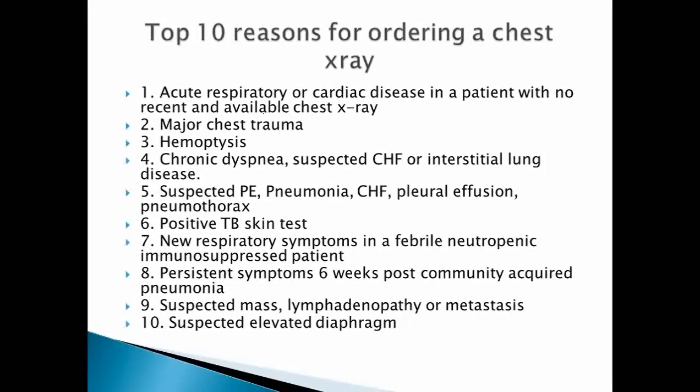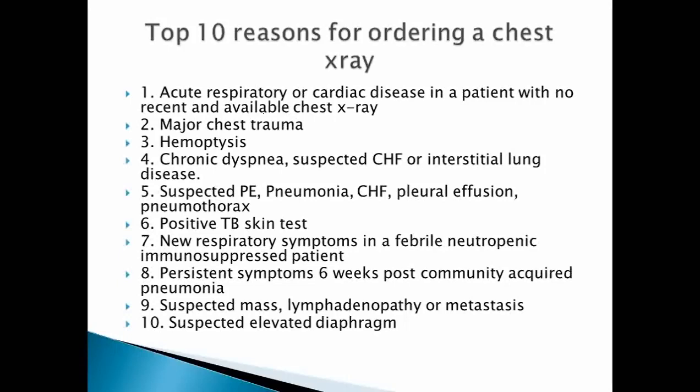If somebody has a positive TB skin test, you must do a chest x-ray to rule out pulmonary TB. If it's a neutropenic, febrile, immunosuppressed patient and they have new respiratory symptoms, then you need to do a chest x-ray.